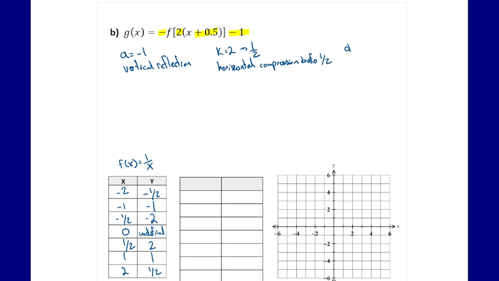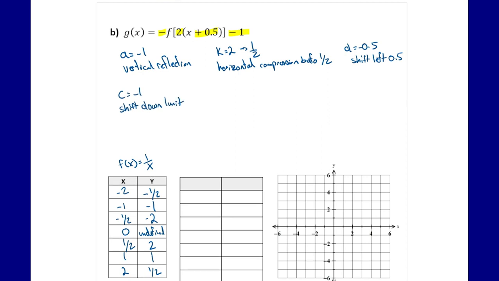We have a d value of -0.5. So this is a shift left of 0.5. And we have a c value of -1. So this is a shift down of 1 unit.